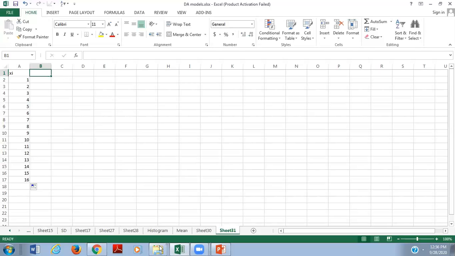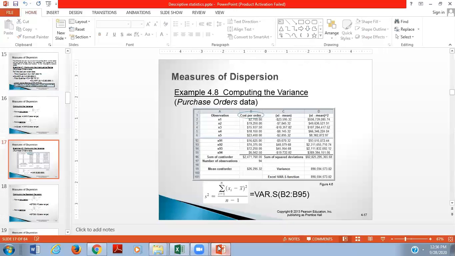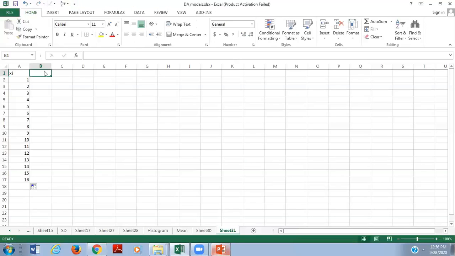Here we have to calculate this formula that is on the screen. Xi minus mean, right? Xi minus x bar. X bar is the mean value.